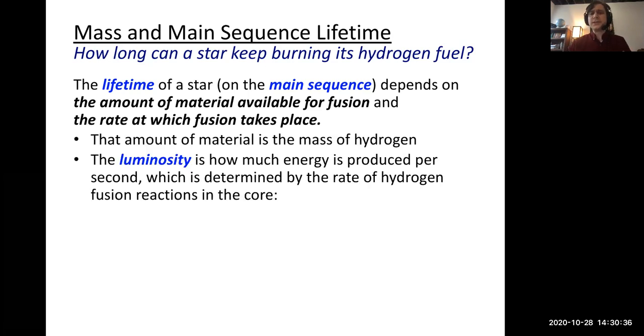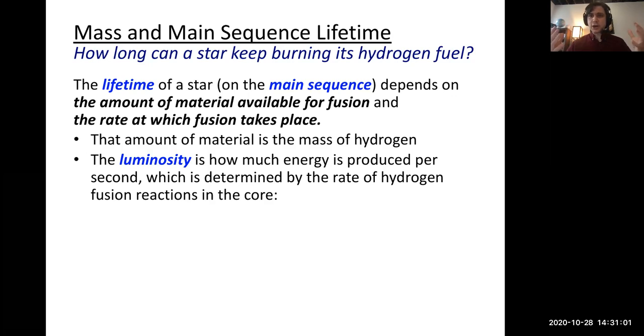So let's do this same idea. Here our fuel is the amount of hydrogen in the core of the star, proxied by the mass of the star itself. Now, our miles per gallon, our rate of burning fuel, is really given by our luminosity. It's how much energy the star is emitting every second.